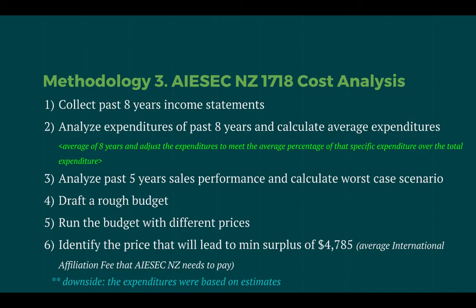And last but not least, I identified the prices that will lead to the minimum surplus of $4,785, which is the average international affiliation fee that Isaac New Zealand has to pay in order to be an entity. The downside of this model is that the expenditures were based on estimates. It's not accurate. But again, for the purpose of the pricing proposal, this can be a good reference.